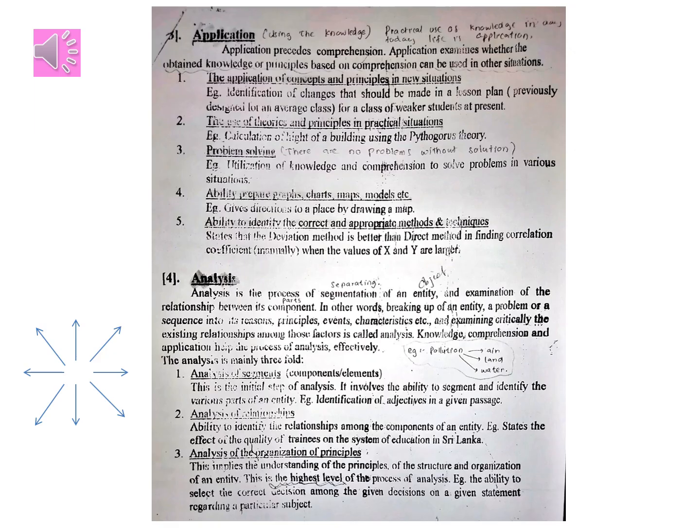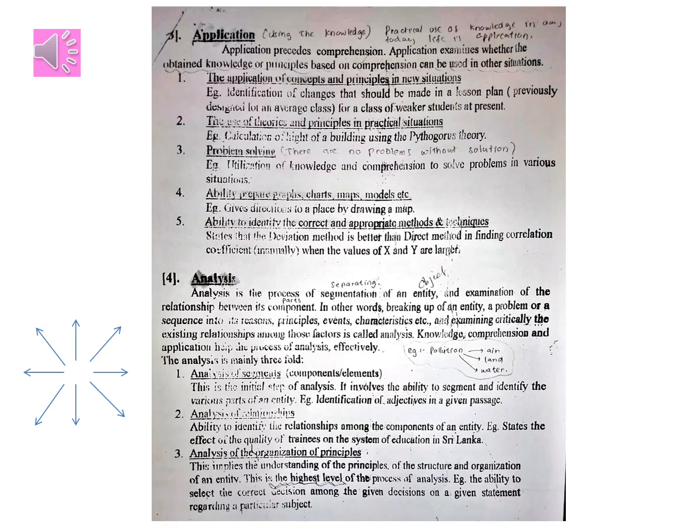Right, as the diagram shows you, you separate things: analysis, analyze. You segment an entity, a unit, and study the relationship among the segments. Analysis of segments, analysis of relationship, analysis of organization, right? You can go through these.